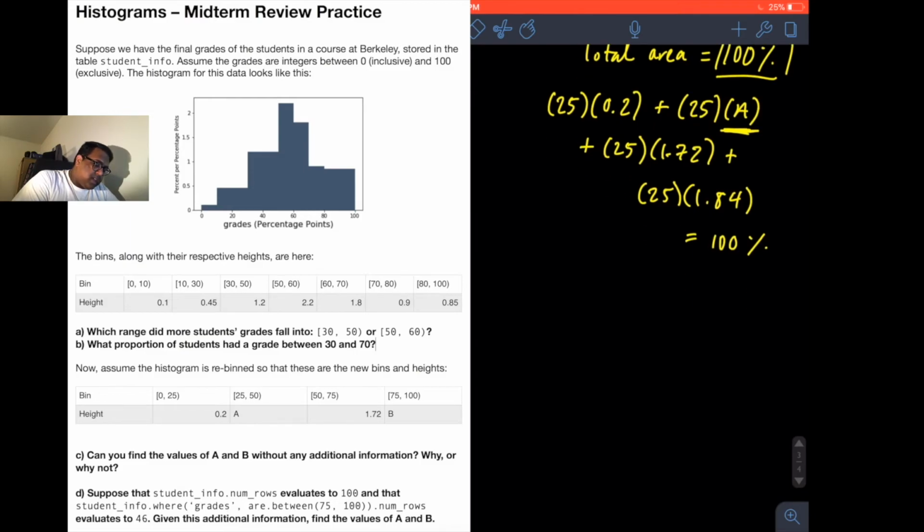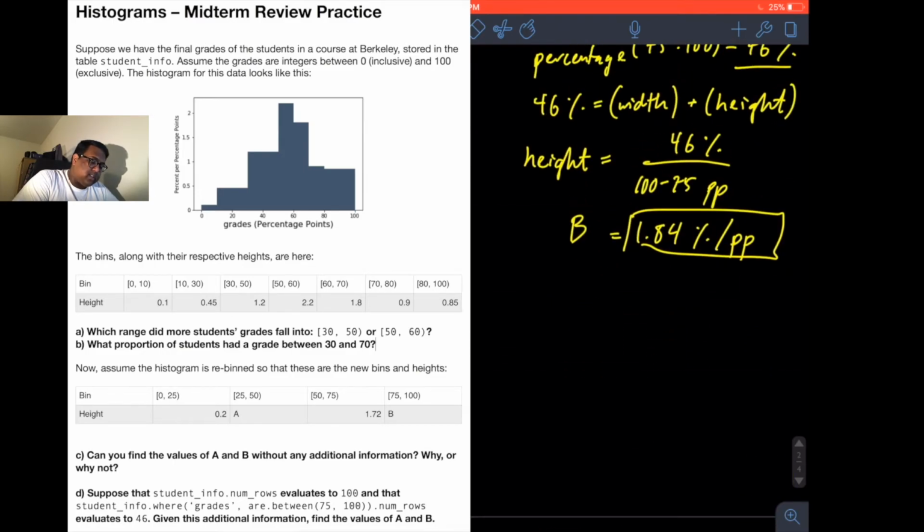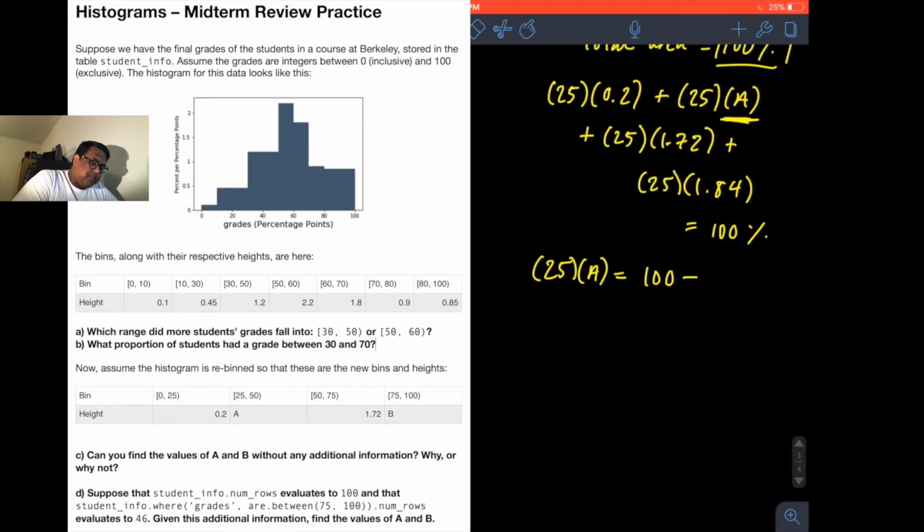So we know that 25 times A is now 100 minus 46% from the last question, minus whatever 25 times 1.72 is, which happens to be 43%, minus whatever 25 times 0.2 is, which happens to be 5.